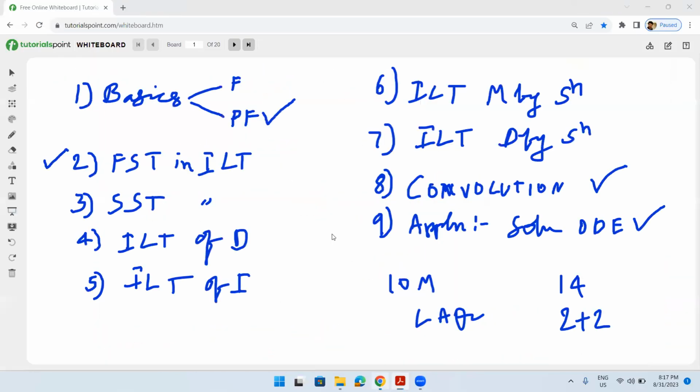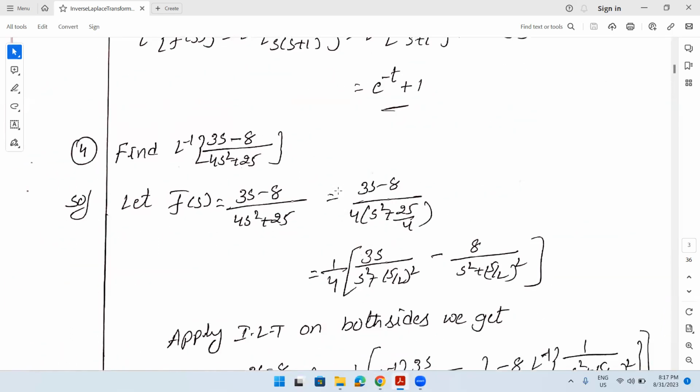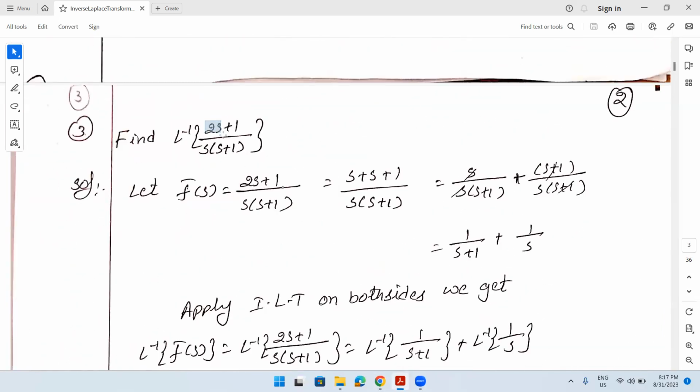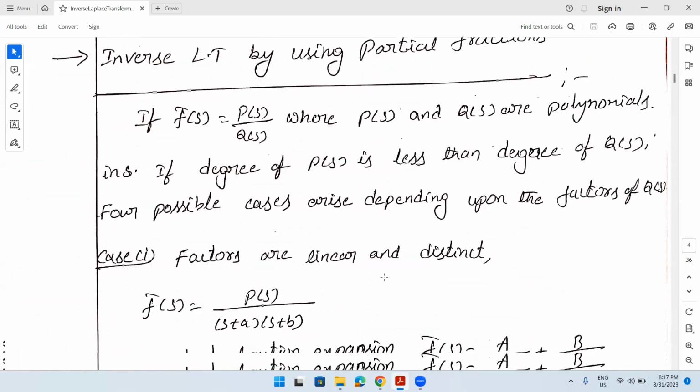As I told you, for the basic problems, the first topic is using the direct formula, and next, using partial fractions. In the previous problem, we simply wrote s plus 1 and directly divided. Suppose it is not possible to do it like this, or if it is complicated, we have to apply partial fraction methods, which we have learned in intermediate.